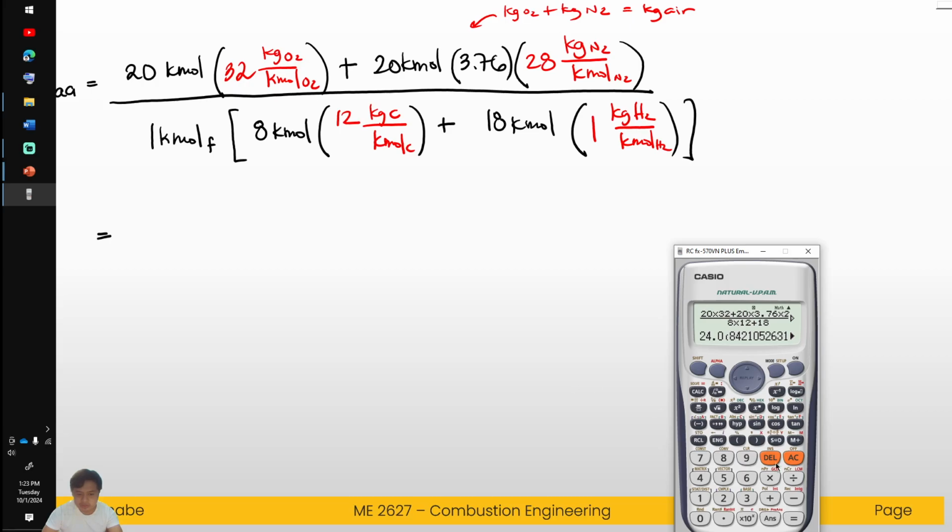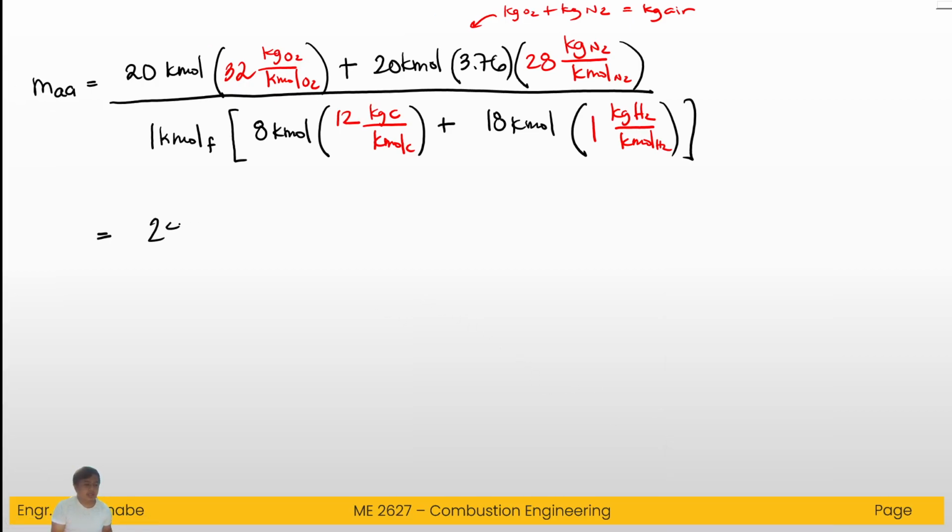So you will have an answer of 24.08. Okay, so 24.08 kilogram of air. So if you do the analysis, this will be just the kilogram of fuel. So this will be now the kilogram of carbon plus the kilogram of H2, which is basically just the mass of the fuel, no? So this will be per kilogram of fuel.